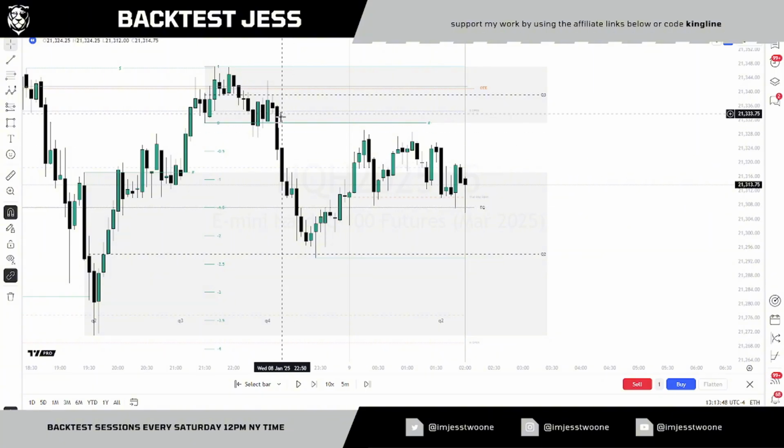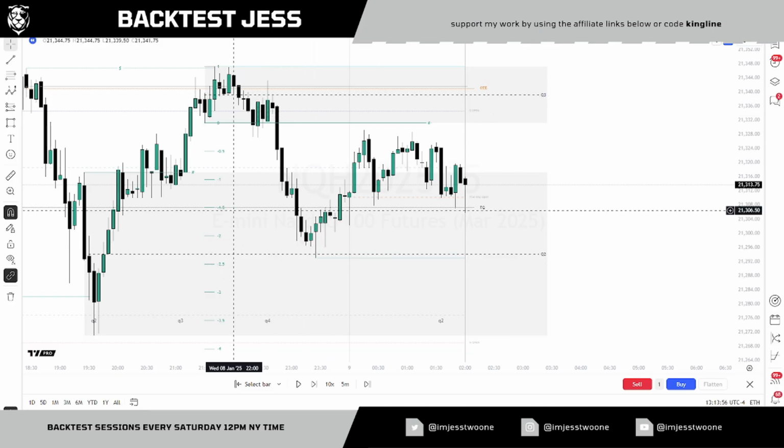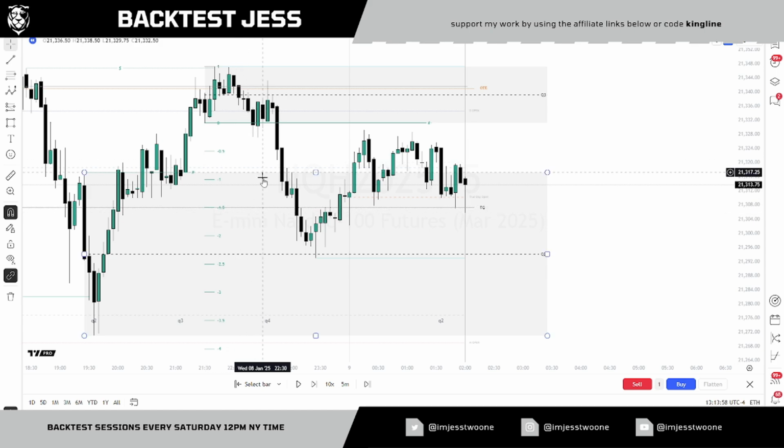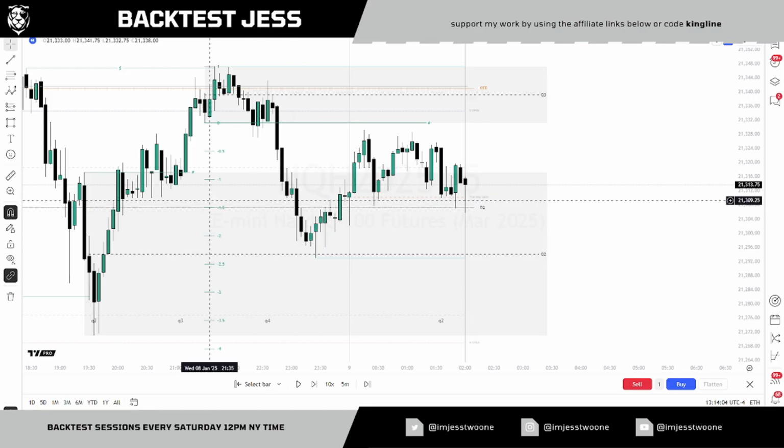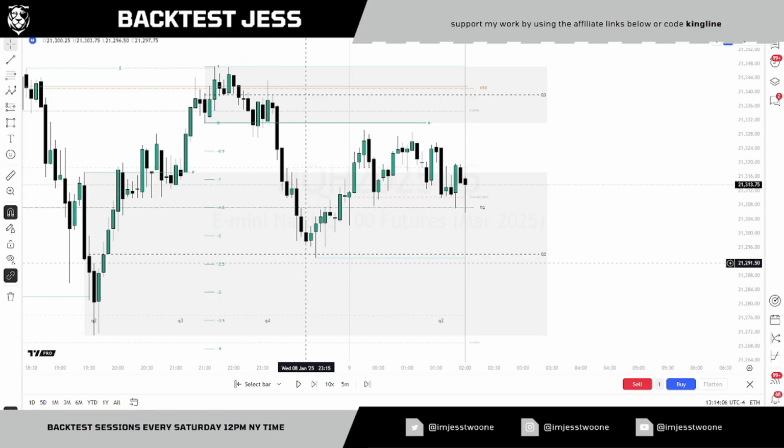Once you have this expansion out of the zone, the trade idea 2.5. If we don't return to the zone by the time 1.5 is reached, the trade idea is invalidated because that's already our first target. So 2.5 is still up for the taking, but we're not going to take the trade because 1.5 is already achieved.